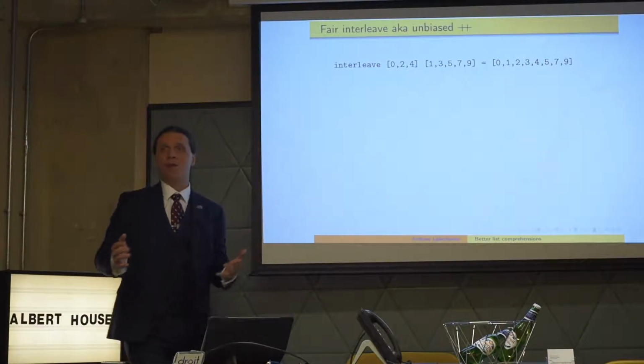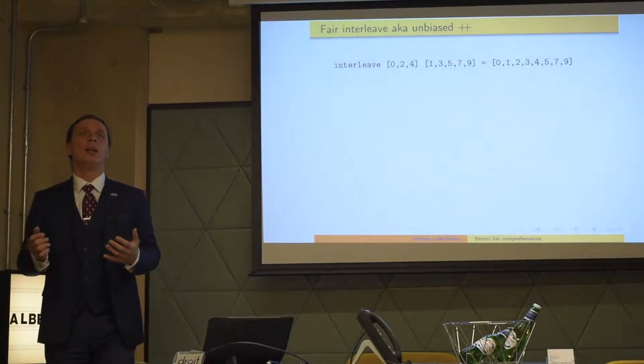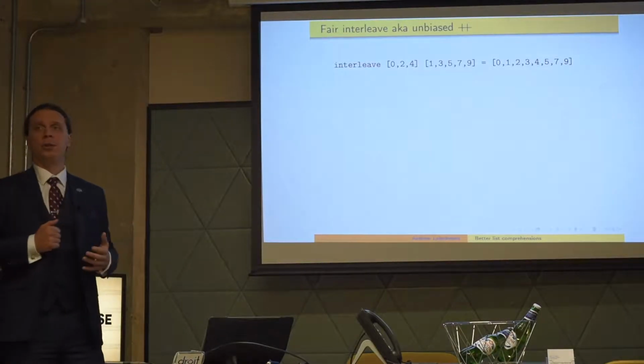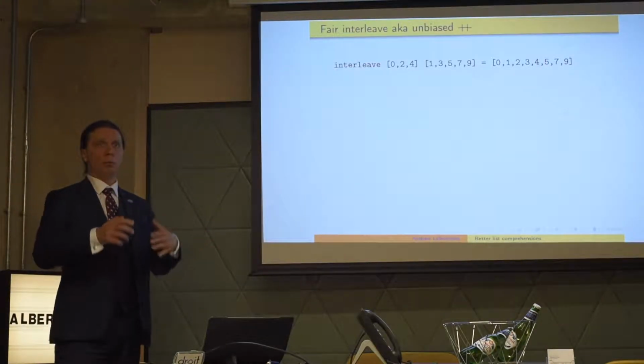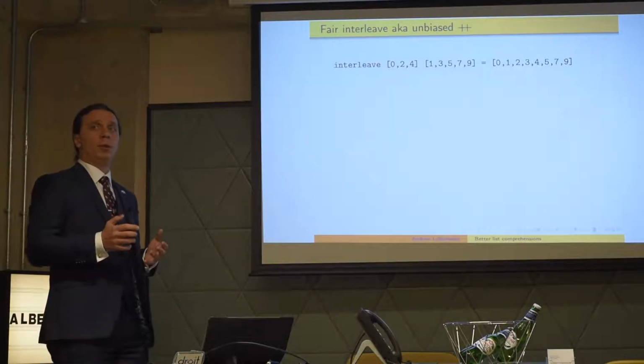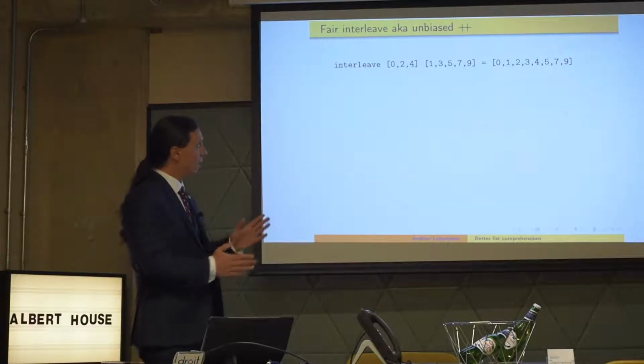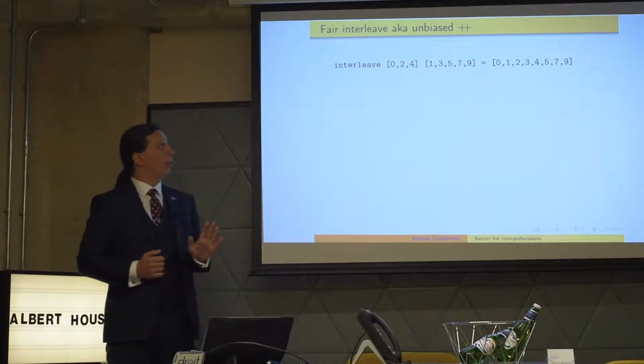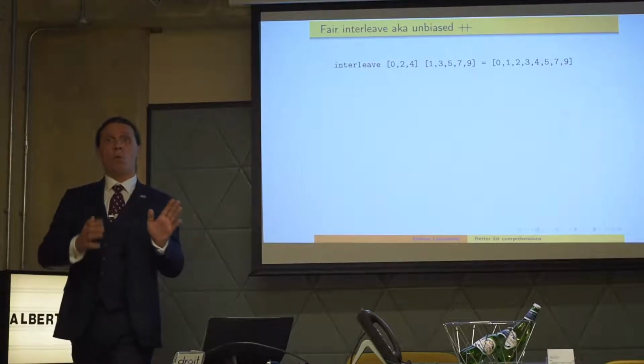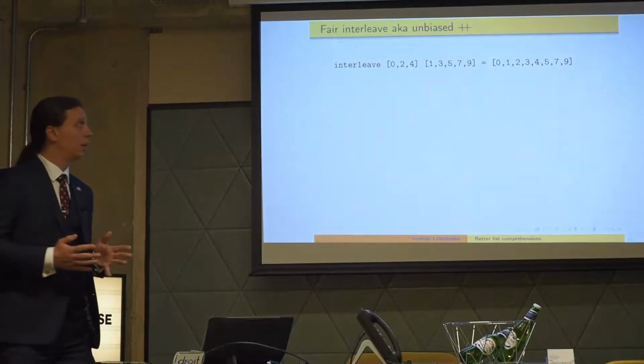So instead of plus plus, I'd like to use some function interleave. It would take two lists of values, possibly both infinite, and fairly interleave them while both are non-empty.